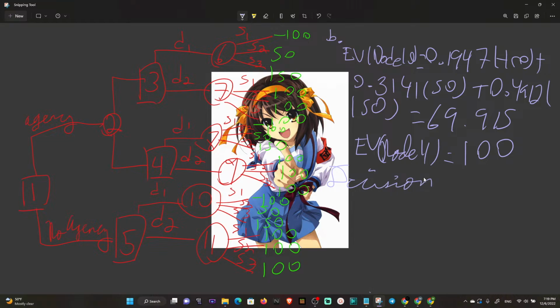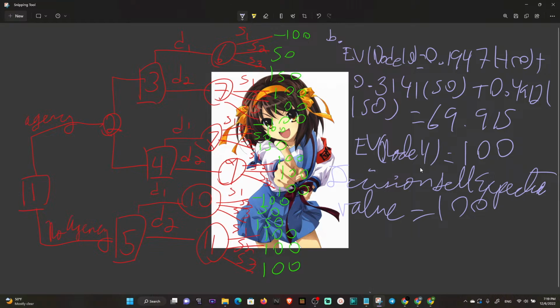Cool. So decision cell expected value equals 100. Therefore, the answer is decision 2, being sell to competitor. Therefore, sell to competitor.